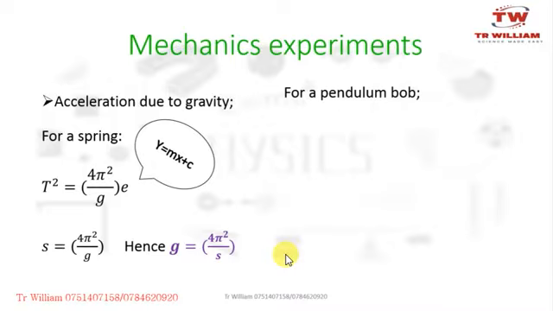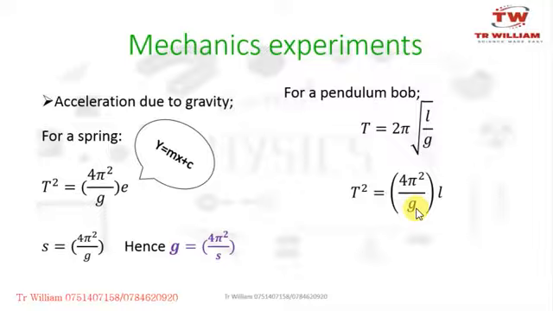Another one may want to use a pendulum bob. Still, the theory part of it is similar, like I had told you, and periodic time is related to length and acceleration due to gravity by this expression. This is the length of the pendulum bob, remember, and I need to first express it in the form of an equation of a line. And of course, when I express it in that format, you can see T squared, because I have squared on both sides, is going to be 4 pi squared L over g.